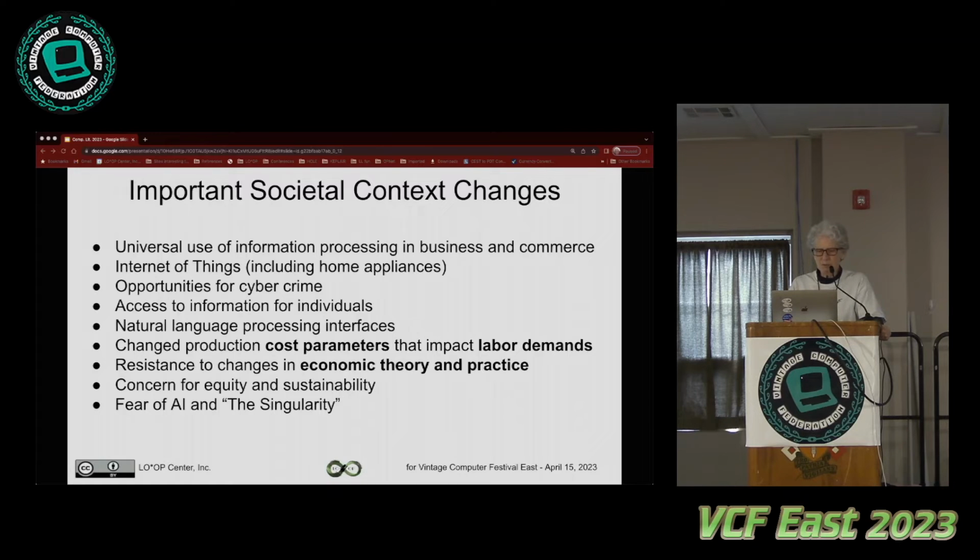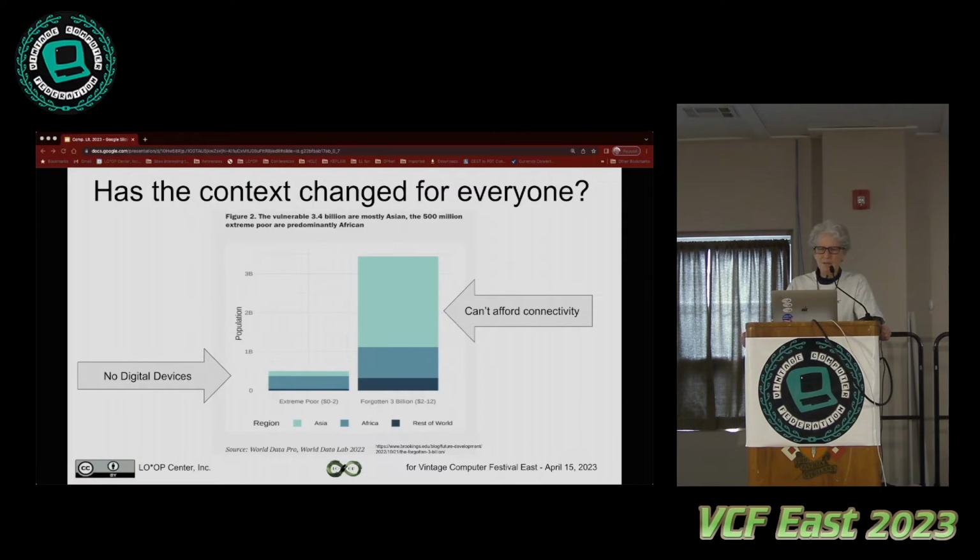Before we go too far down that path, we're talking about people who do have access. I think we need to make sure that we understand that the context hasn't changed for everybody. 4 billion people can't afford devices that they could connect to each other with, and they can't afford the connectivity.